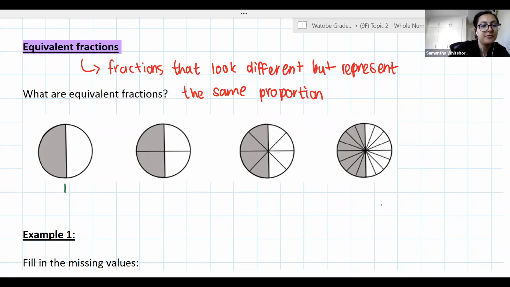Ma'am, it should be 1/2. Perfect. The shaded region is 1 part of the total 2. Excellent. Well done. Oh, we've got so many hands. Okay, Sapang, do you want to give us the second one? Sapang, you there? Okay, I'm going to move on. Amahle, do you want to give us the second one?